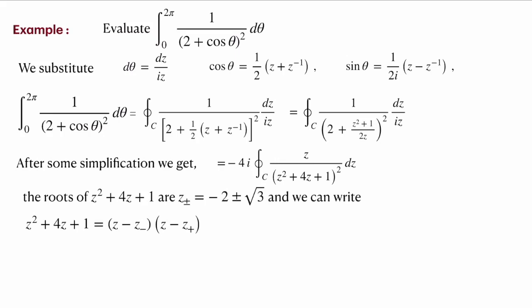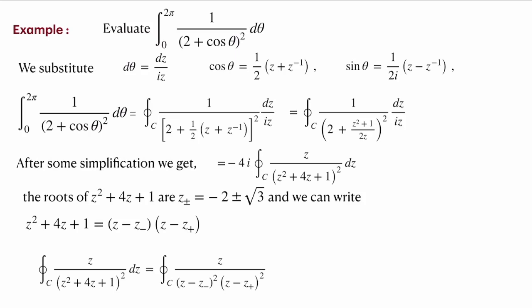This is a quadratic function, so we can simply write it down in terms of its roots. We can see that z square plus 4z plus 1 has 2 roots, minus 2 plus or minus square root of 3, and the function z square plus 4z plus 1 can be written as z minus z minus and z minus z plus, where z plus or minus is given as minus 2 plus or minus square root of 3.